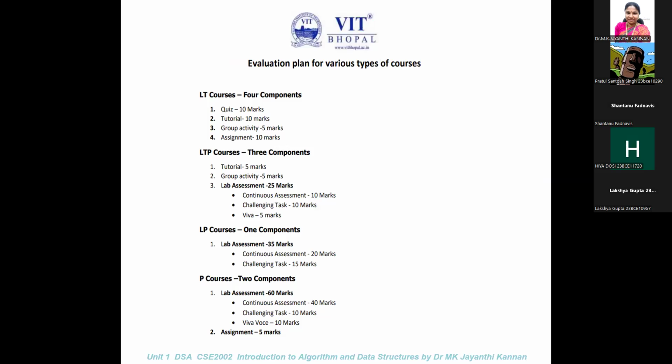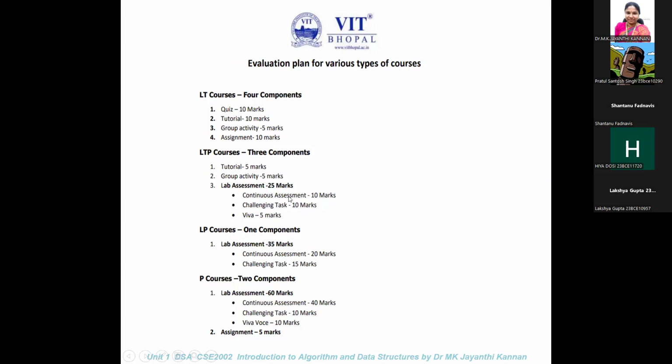Our subject is an LTP course, so it comes under this category. We'll have tutorial 5 marks, group activity 5 marks, lab assessment 25 marks. At the end of the syllabus, you can find 8 programs given. The continuous assessment gives 10 marks for solving the 8 problems, and we'll give another 50 or 60 additional programs to solve based on the concepts. That will come under the challenging task, which carries 10 marks.